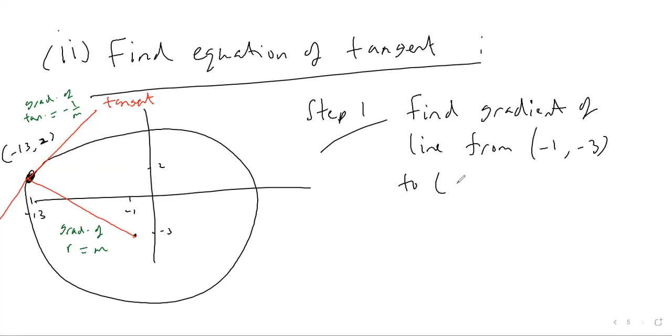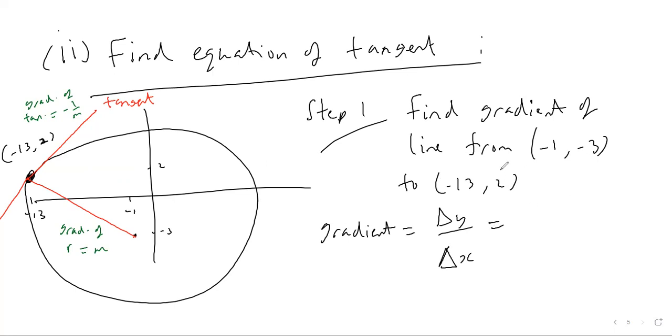Sorry, this should be a 2. So -13 and 2. So we want to find the gradient between that, again using our gradient formula. Gradient is change in y divided by change in x, so y2 minus y1 divided by x2 minus x1.